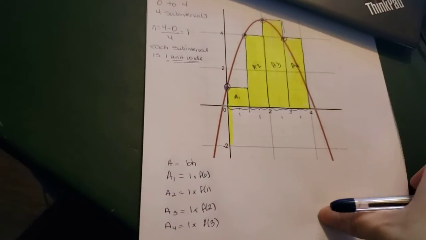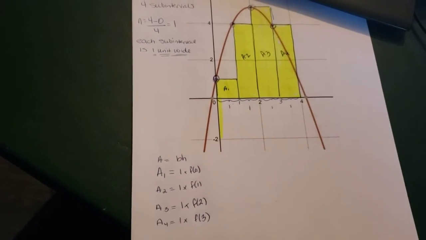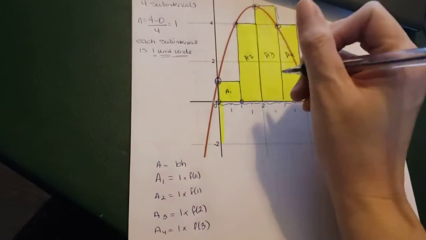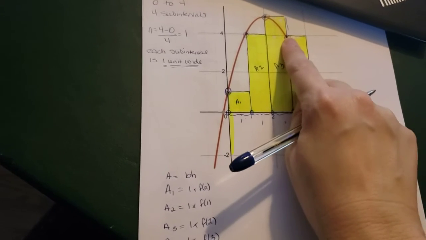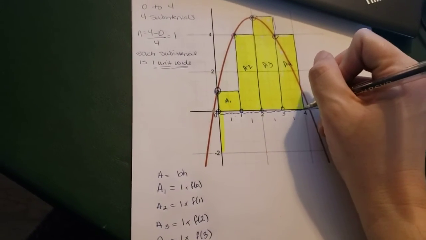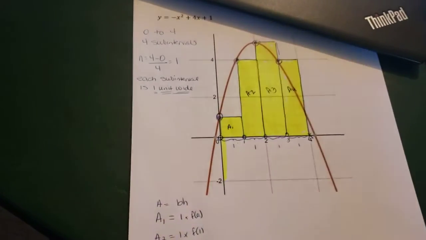So to figure out the heights of those rectangles, we substitute 0, 1, 2, 3. We're using these x coordinates to figure out the heights of our rectangles. Notice the last coordinate, the end of our interval, does not get used because we're looking at all the left side points.